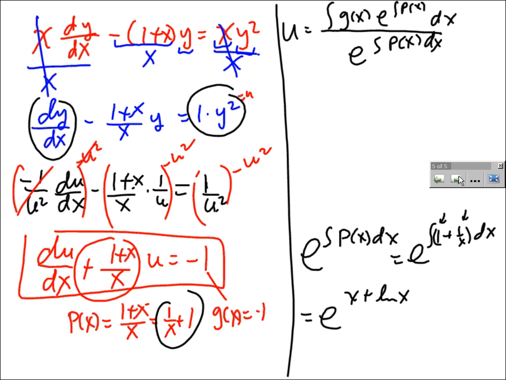Now why did I want to write the 1 first? I didn't want to have e to the ln of x plus x. Some people might think it's e to the ln of 2x, because x plus x is 2x. But now, this is e to the x times e to the ln x.